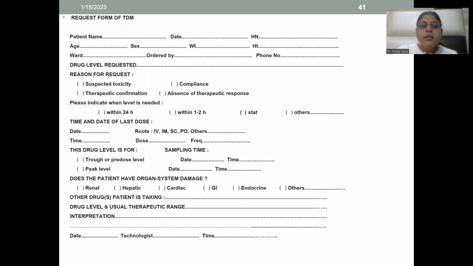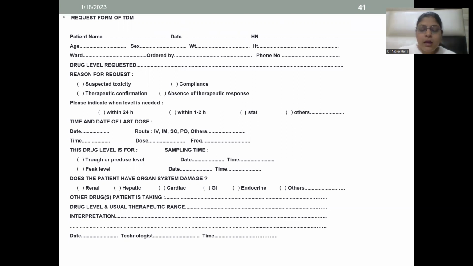This is again the request form of TDM. The patient's initials will be given. Drug level requested. Reason for request means why we are doing therapeutic drug monitoring. It is for suspected toxicity, compliance, therapeutic confirmation, or absence of therapeutic response. When we have to do the dose levels, the time is specified.